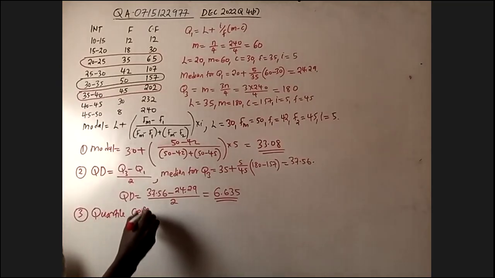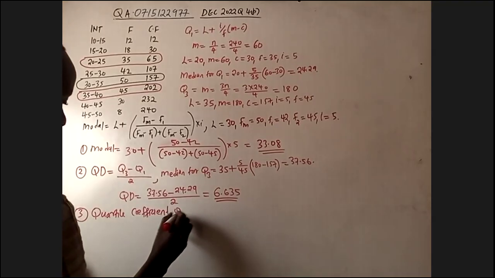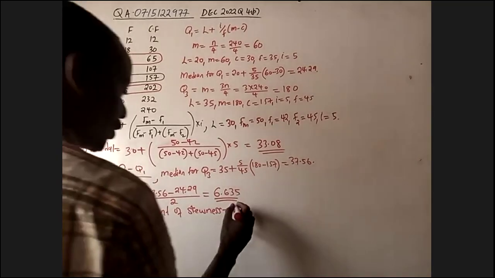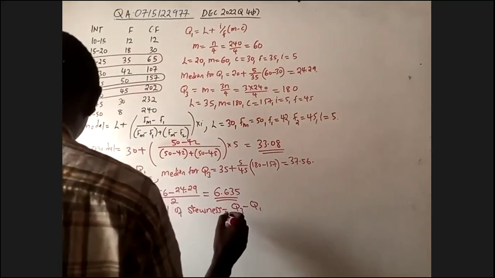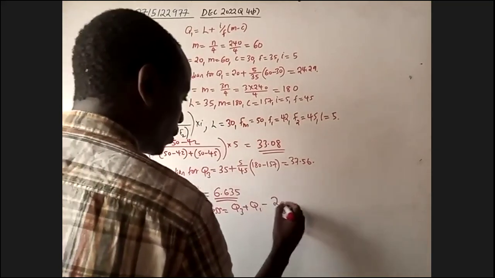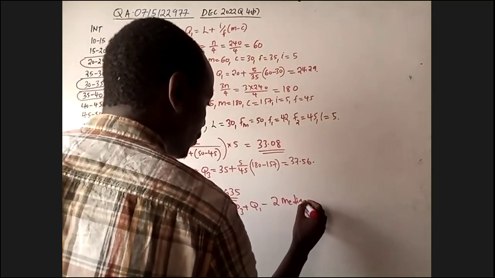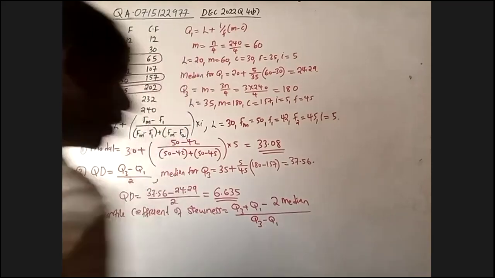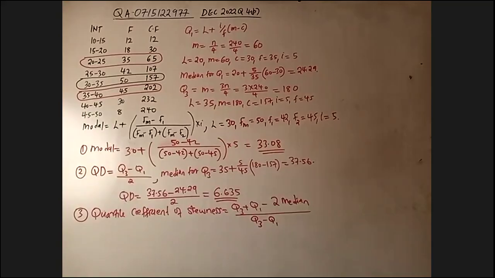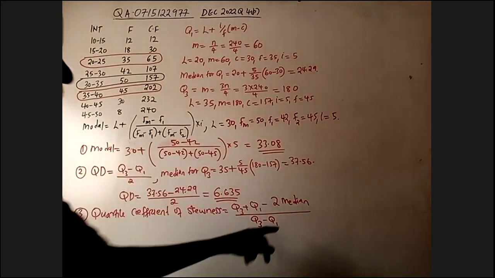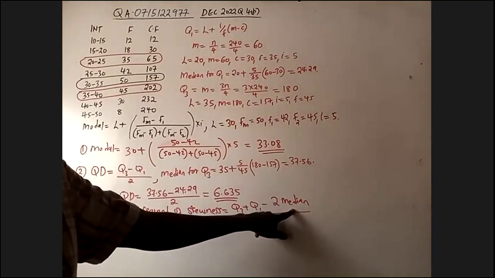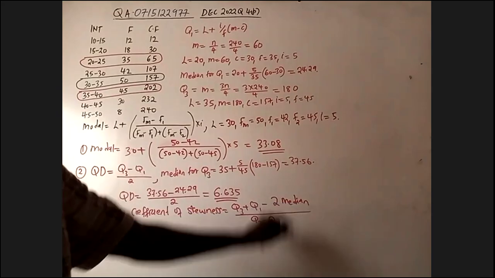Coefficient of skewness is Q3 plus Q1 minus 2 multiplied by the median, over Q3 minus Q1. So what you need is to find the median.